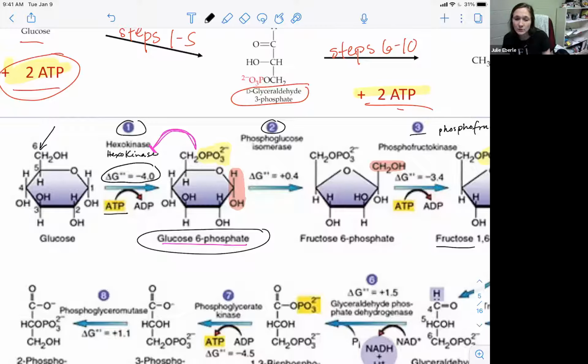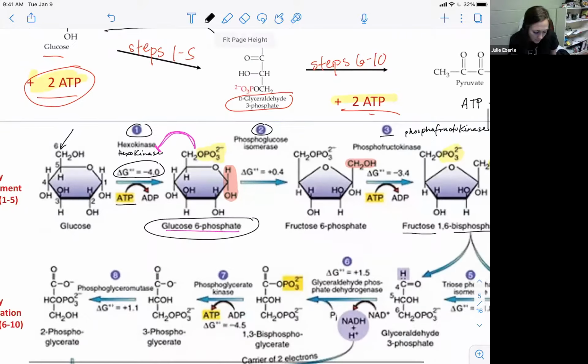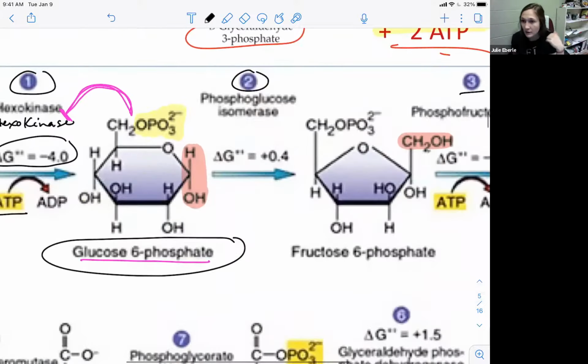So look at the difference between steps 1 and 2. Step 1, it releases 4 kcal of energy per mole of glucose that's phosphorylated. But step 2, it has a positive delta G. This is actually not technically a favorable reaction. Now it's barely positive, 0.4. Okay, but that's why we have the enzyme to help us run and catalyze this reaction. Because on its own, it's actually an endergonic reaction, not exergonic.